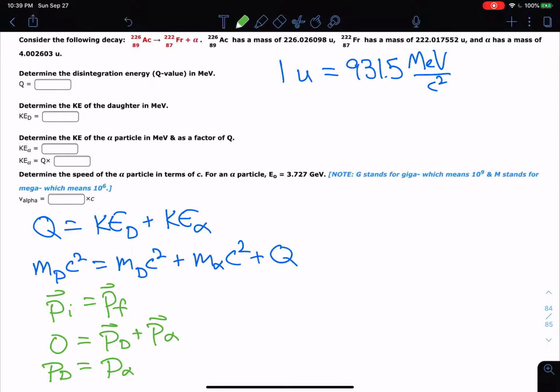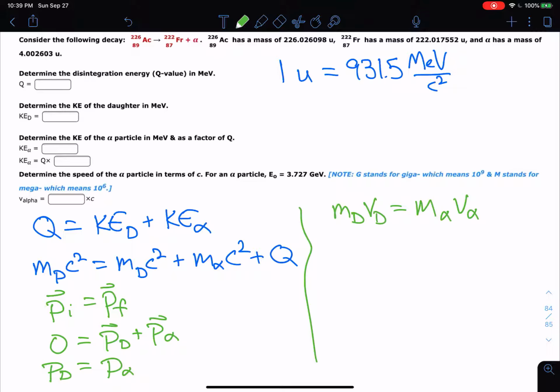Okay, so why is this important? It's not immediately obvious, but let me just keep working it. So I've got the mass of the daughter times the velocity of the daughter. And I should mention that I happen to know that we can treat this problem classically. That means we don't have to use relativity for it, which simplifies our work.